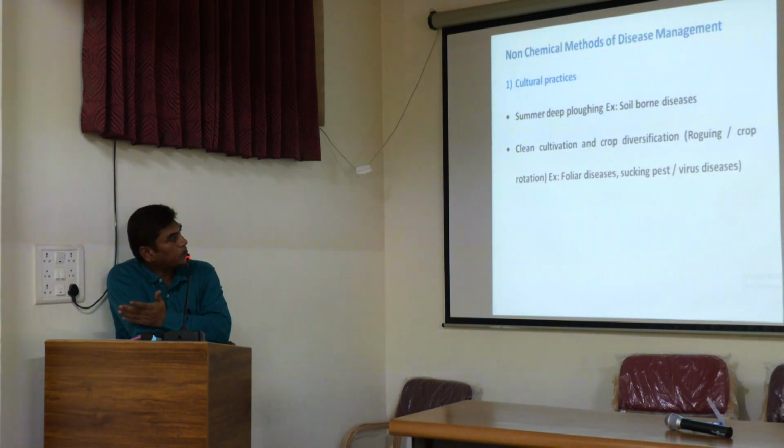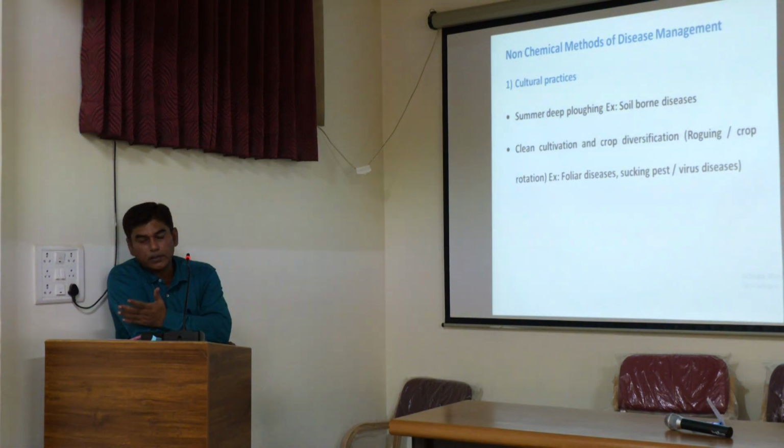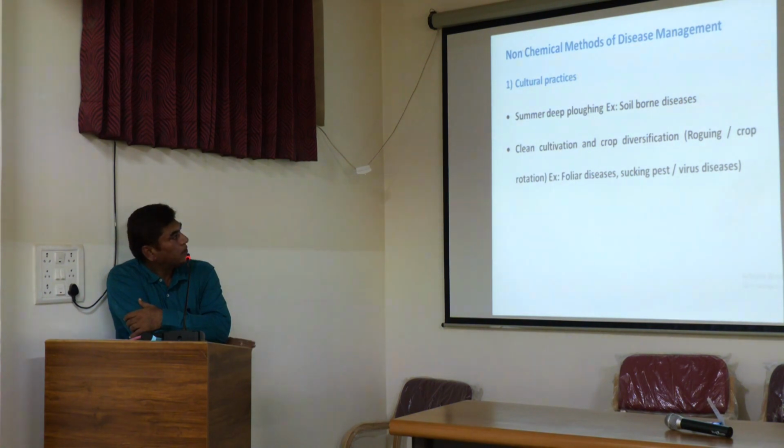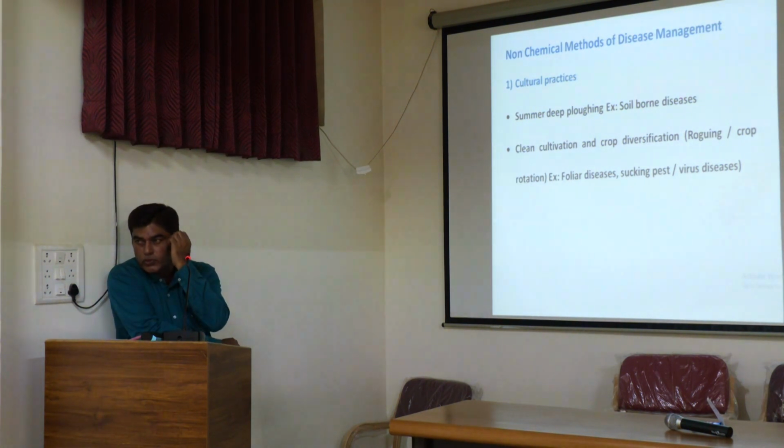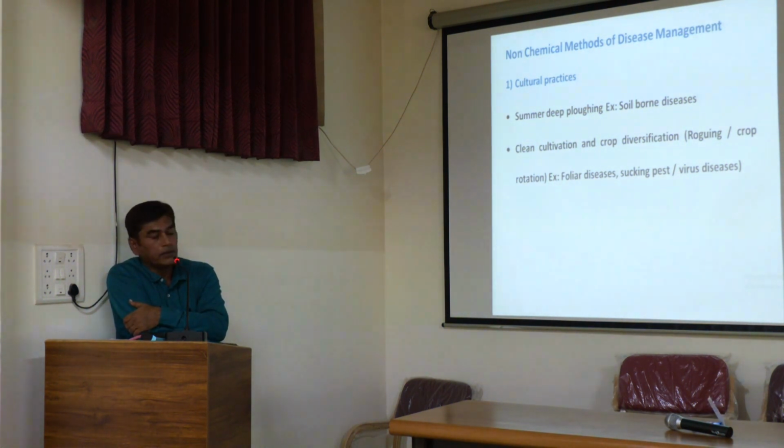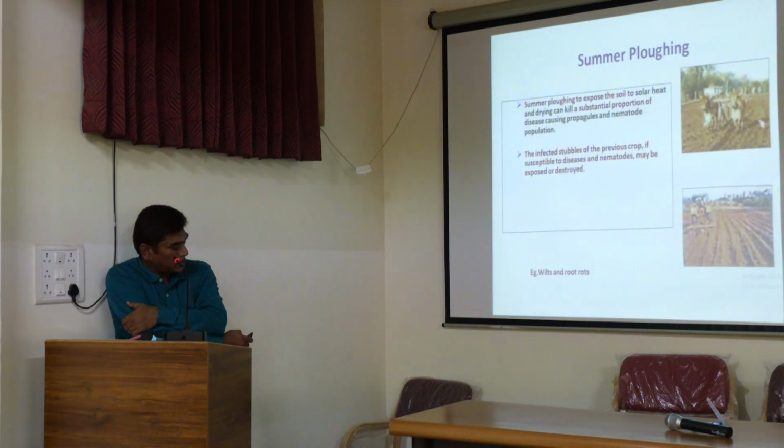Soil-borne diseases are very difficult to manage, and this is the best weapon to control them, as all pathogen propagules are exposed to the heat. Good agronomic practices and crop diversification, including roguing and crop rotation, are also among the best strategies.